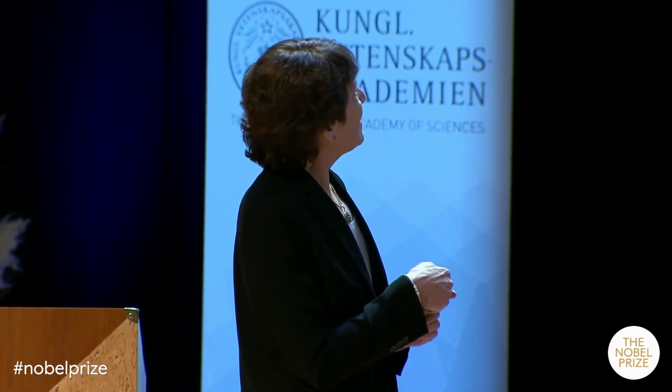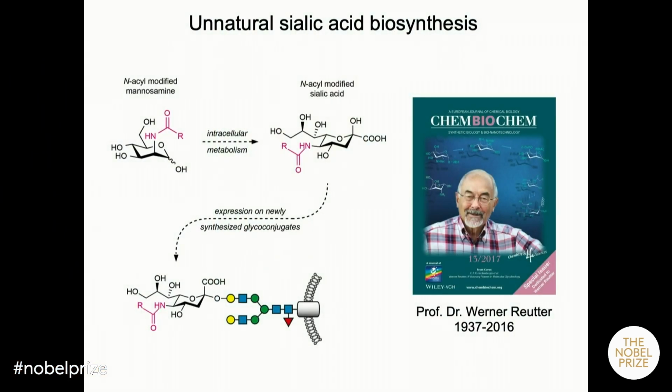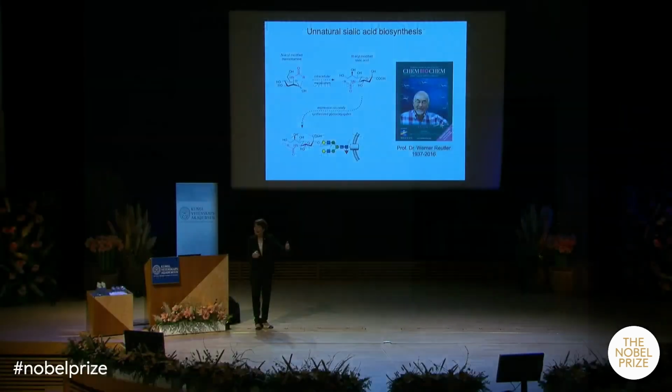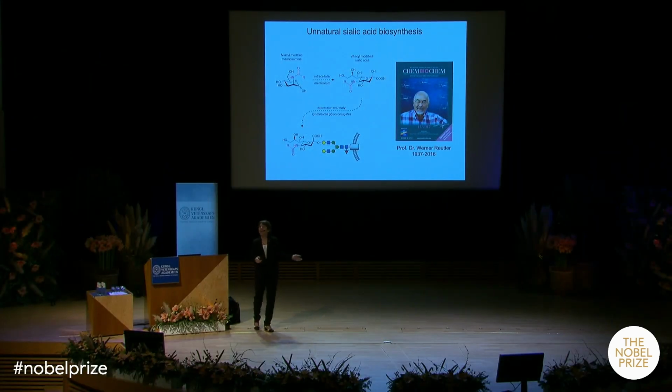And what he had observed, and he presented this at this conference, is that one could feed cells a chemically altered version of a metabolic precursor of sialic acid that's called N-acetylmannosamine. And normally, N-acetylmannosamine has an acetyl substituent here at this pink position, where this R group would be a methyl group. And what he found is that one could make conservative changes to this R group, just extend the side chain out by a few carbon atoms.